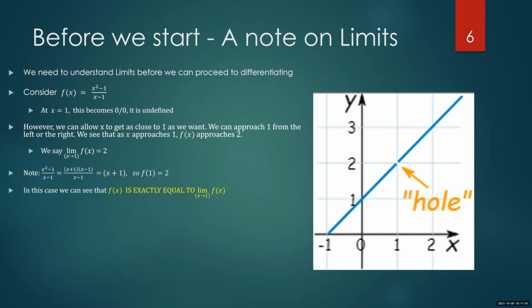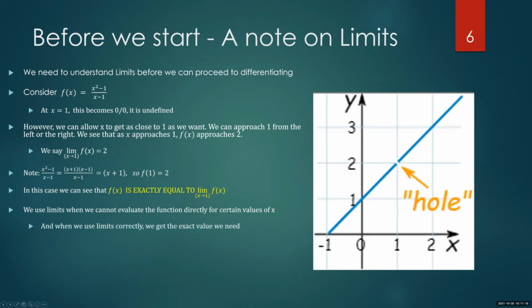But if we use limits properly, you're not getting an approximation, you are getting the exact actual value of that function at that point. So we use limits when we can't evaluate the function directly for certain values of x. And when we use limits correctly, we will get the exact value that we need.